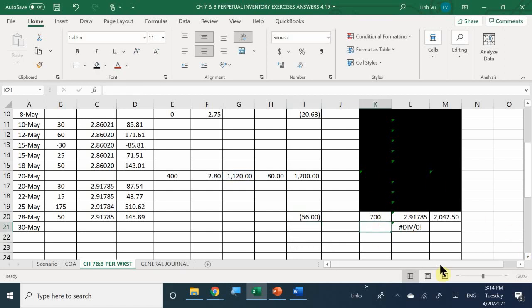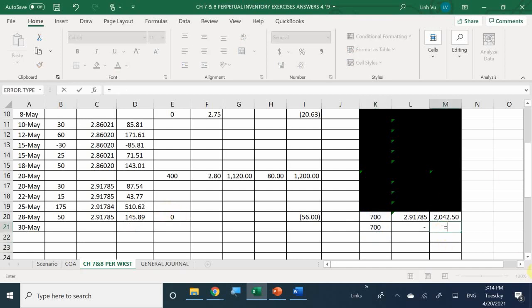So in this case, a discount does not affect my overall quantity, right? Because I'm not returning a product or anything. It's still going to be 0. So in this case, when I update my inventory, it should still be 700. However, my total cost has changed, right?